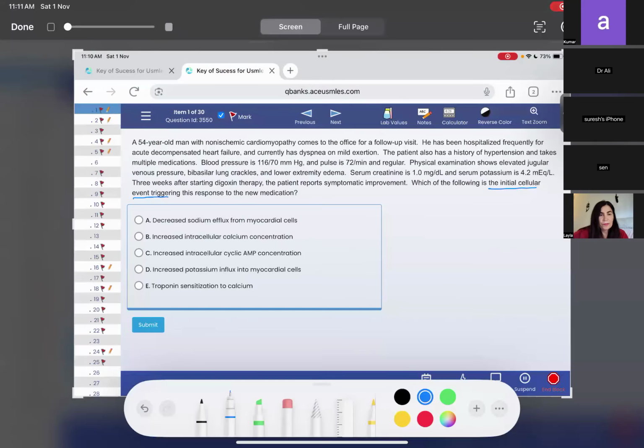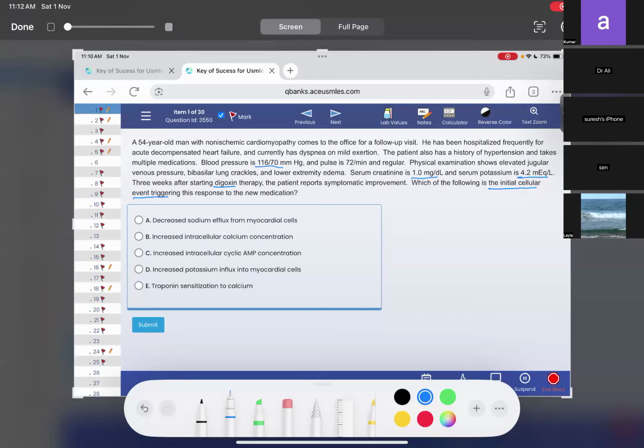Physical examination shows elevated jugular venous pressure, basilar lung crackles, and lower extremity edema. Serum creatinine is 1.0, serum potassium is 4.2. 3 weeks after starting digoxin therapy, the patient reports symptomatic improvement. Which of the following is the initial cellular event triggering this response to the new medication?